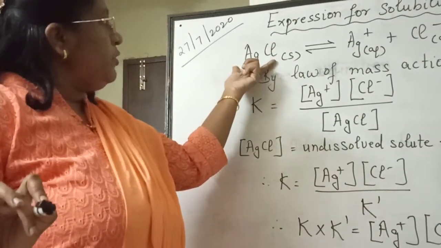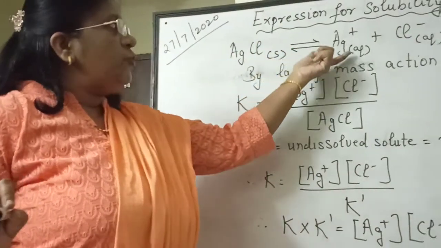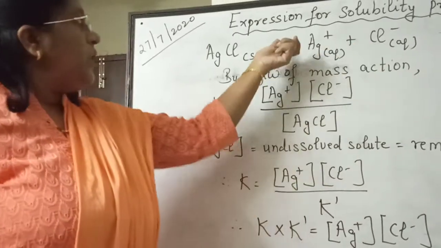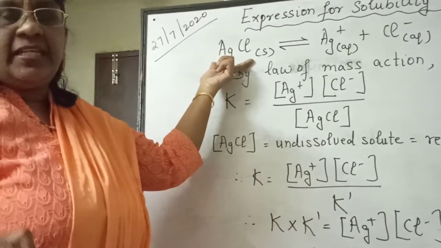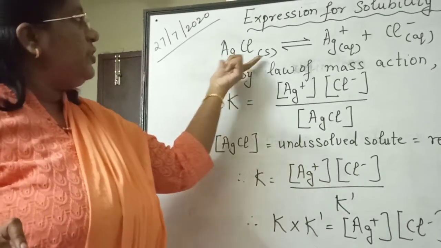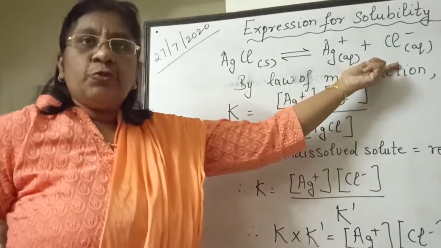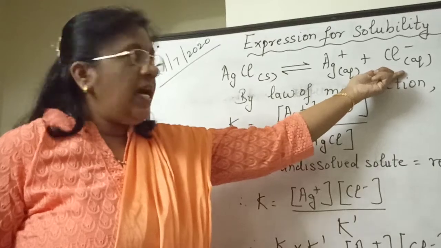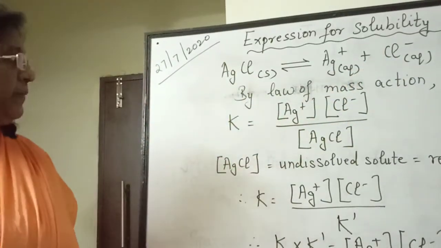So a saturated solution of AgCl dissociates to give Ag plus and Cl minus ions. So an equilibrium exists between the undissociated, that is undissolved AgCl and its dissolved and dissociated ions Ag plus and Cl minus aqueous ions. Now let us consider this to be equation number 1.